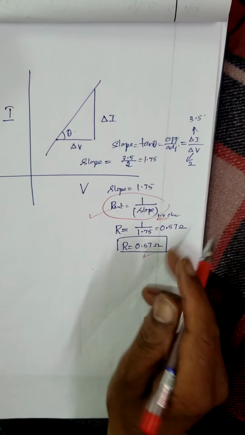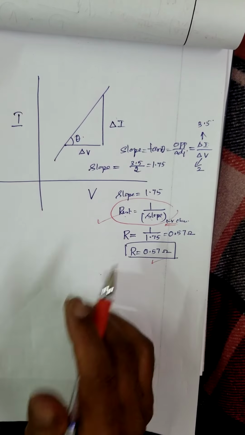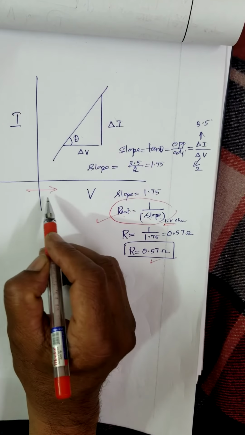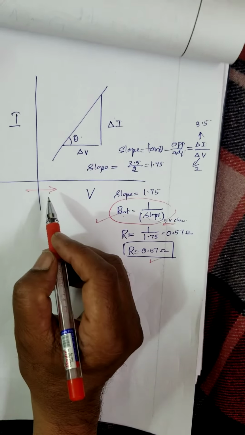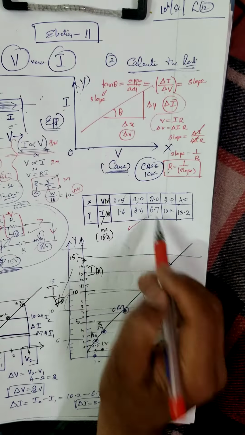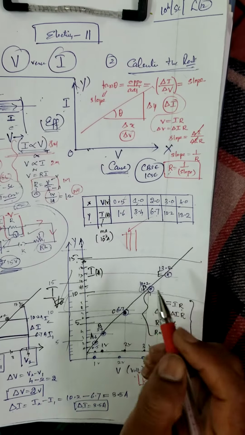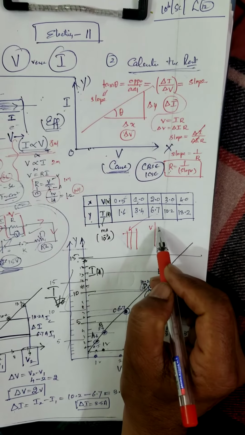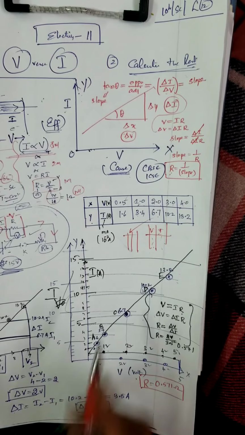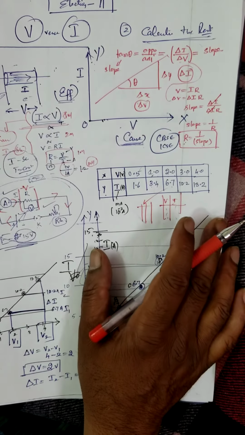And calculations, all these things are very, very important. This is one of the sums they have asked in the public exam. In the public exam they have asked just to plot the graph, that's all. They are given in the horizontal way, or sometimes they may give it in the vertical way also. Voltage, current, they'll fill in and ask you to plot it. They may give the graph sheet also, right?